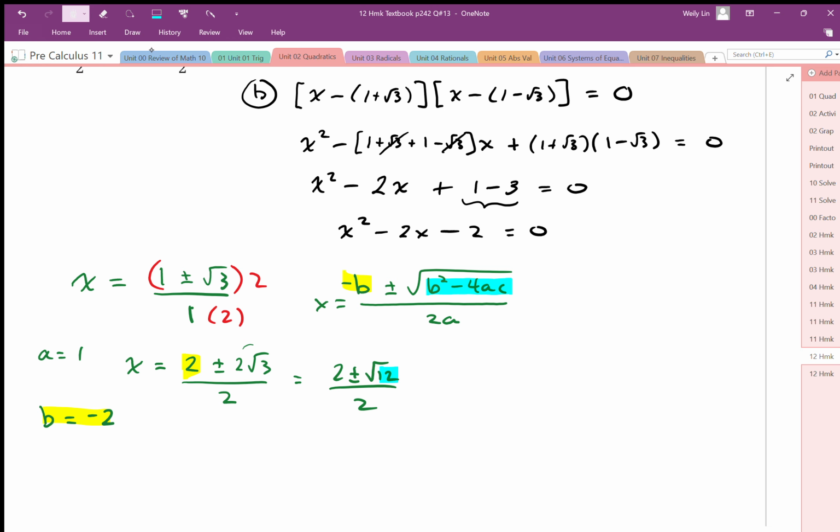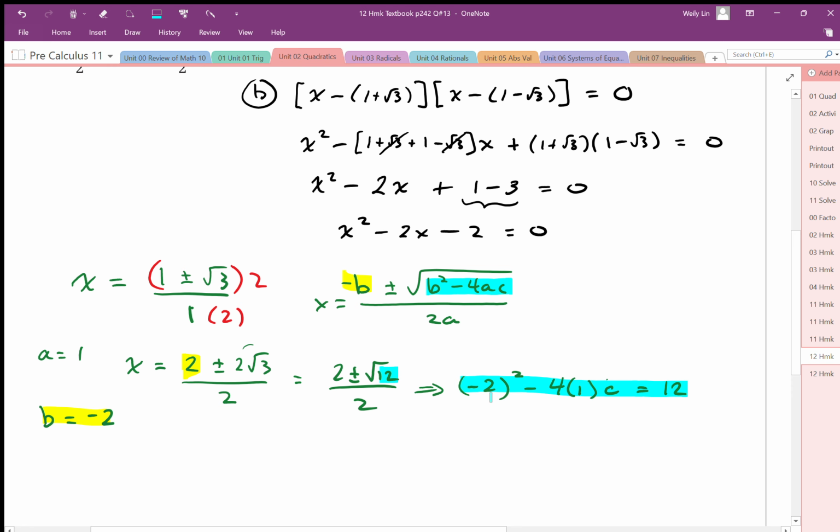So I'm going to rewrite this as b squared, so negative 2 squared, minus 4 times 1 times c, and that's going to be equal to 12. So I've taken the inside, b squared minus 4ac, and made it equal to 12.